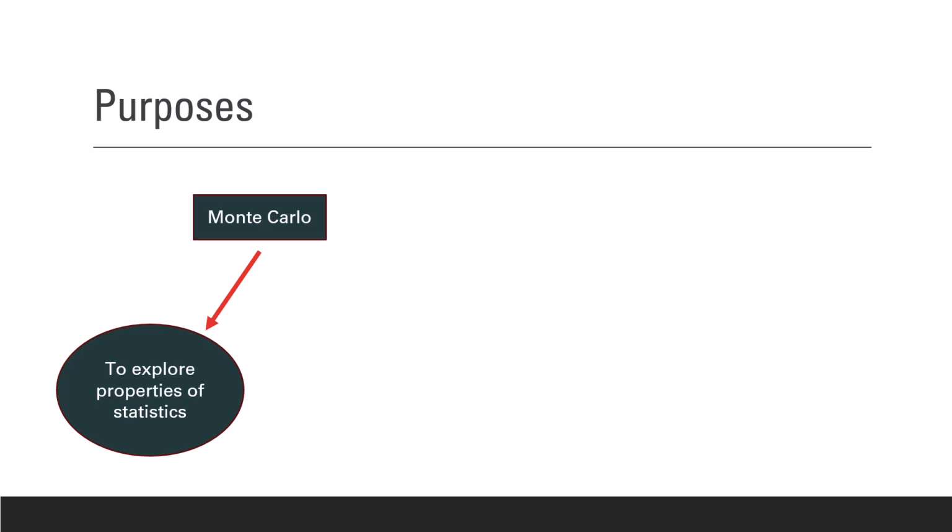That helps us understand how big of a sample size you actually need in order to hold your type 1 error rate. So we're really playing as though we know the population and we're simulating drawing samples to see what will happen as a result of that. And through that, we can explore the properties of statistics.